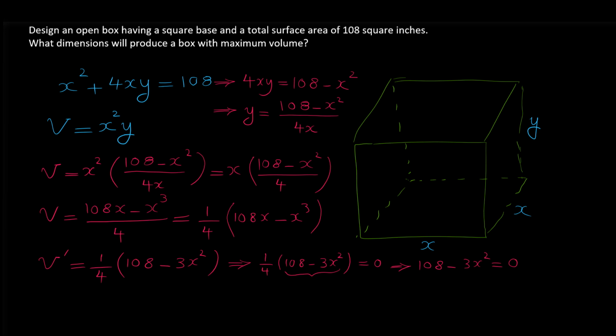And if we divide both sides by negative 3, finally x squared is equal to 36, which if we take the square root of both sides, x is 6 and negative 6. Because x shows the dimension of the box, x cannot be negative. So we reject negative 6 and we only accept 6 as our answer.